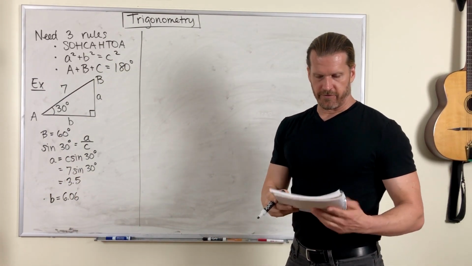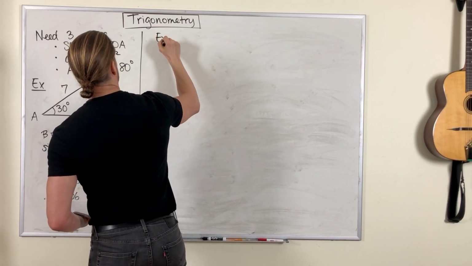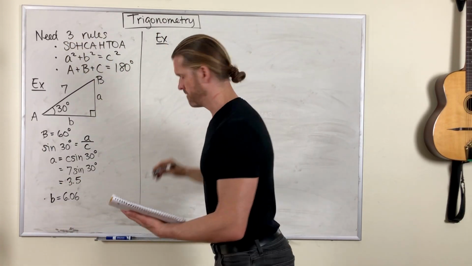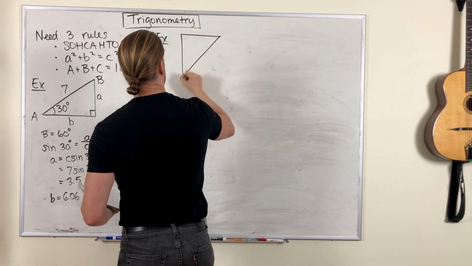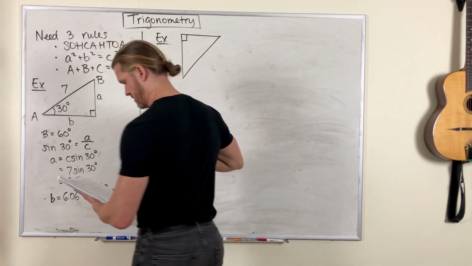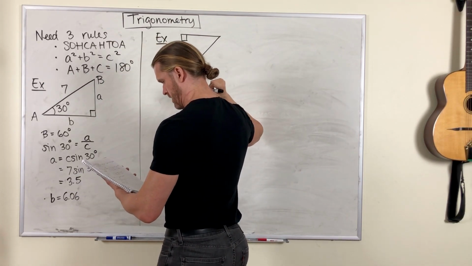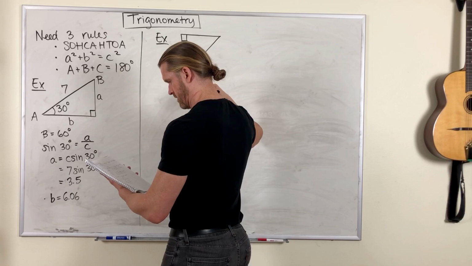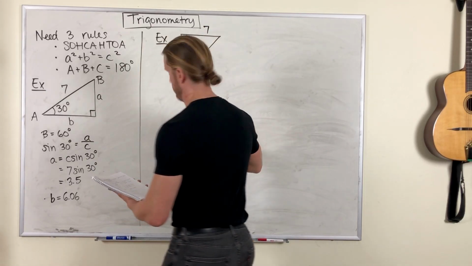Let's look at another example. Okay, right triangle, with sides 9 and 7.